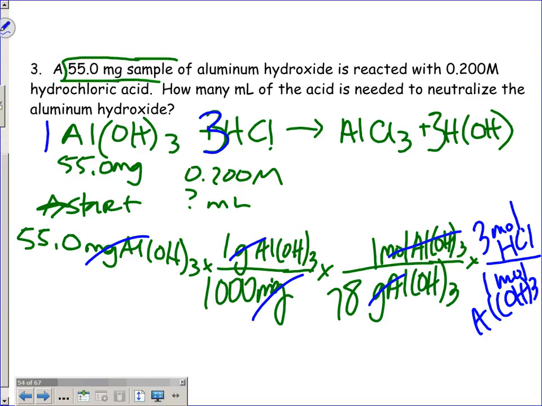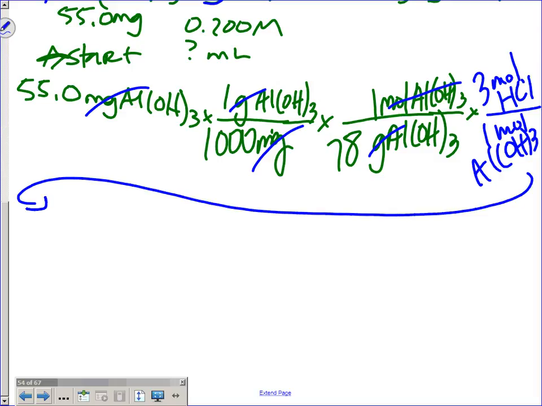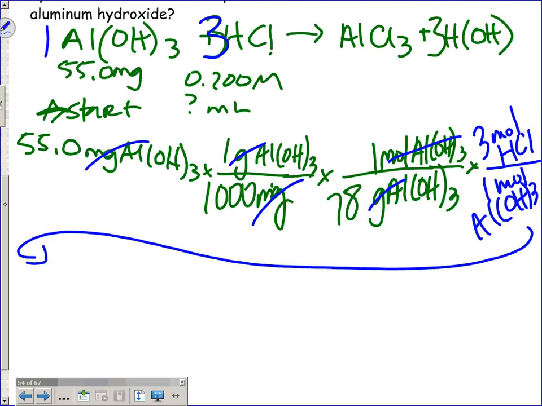And the final step, I'm going to kind of scooch down here. So what you'll notice is that on top I have moles of HCl. The only thing I've yet to use is this right here, 0.200 molar. What's molar again? Okay, so that's moles of HCl over 1 liter of solution. If I took this and plopped it down on my next step, what would cancel?